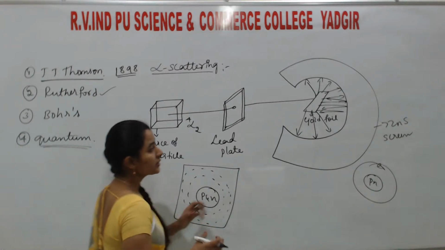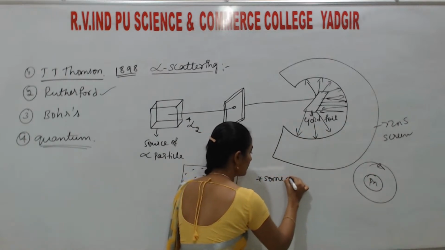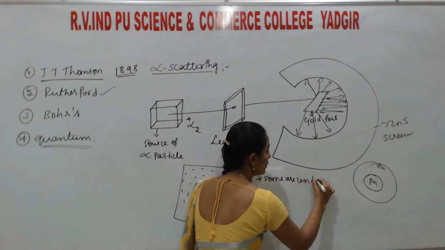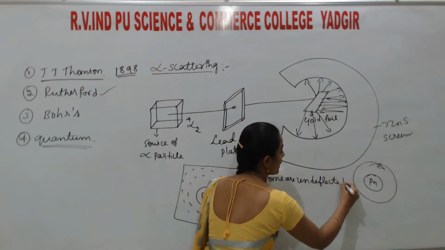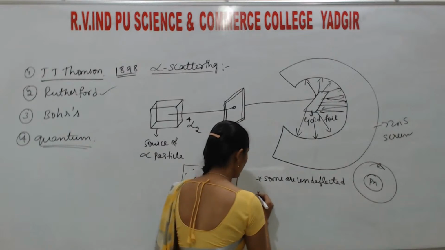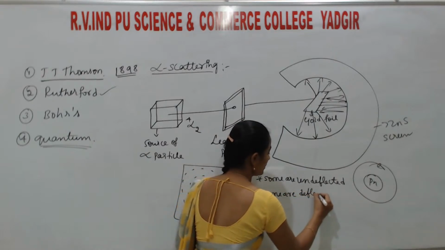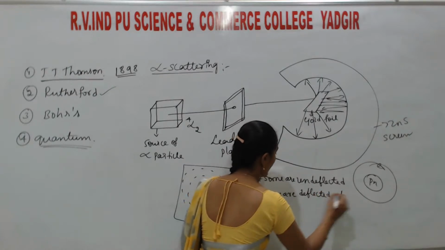Okay, so why are some deflected? Here I write the results I am telling. Some alpha rays are undeflected. Next, some are deflected at a small angle.